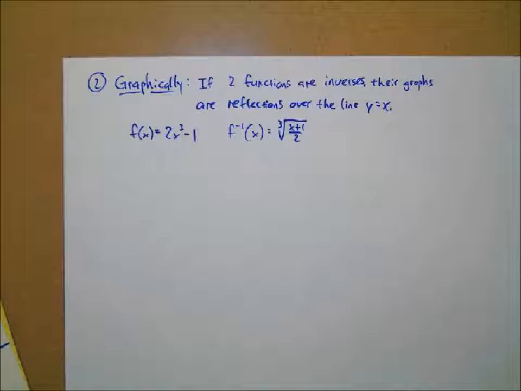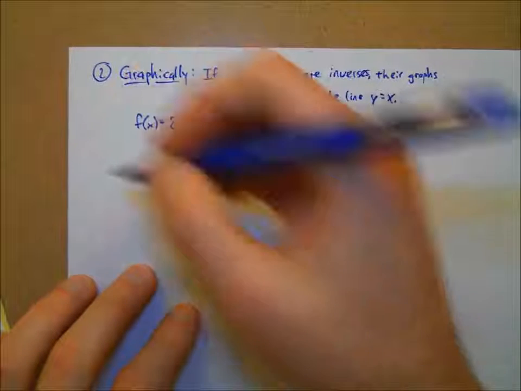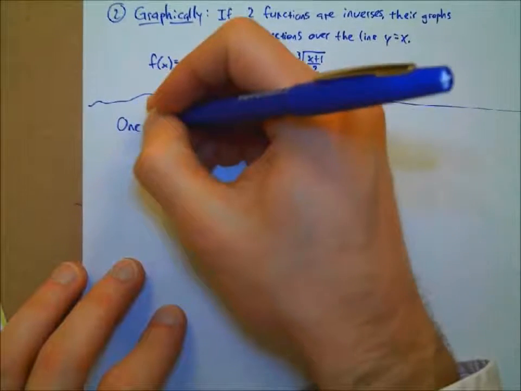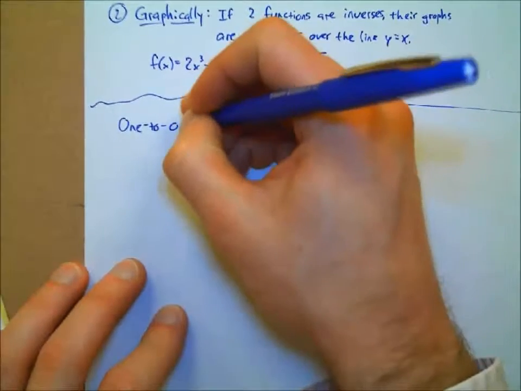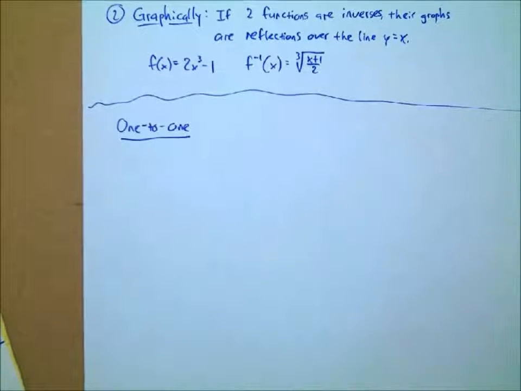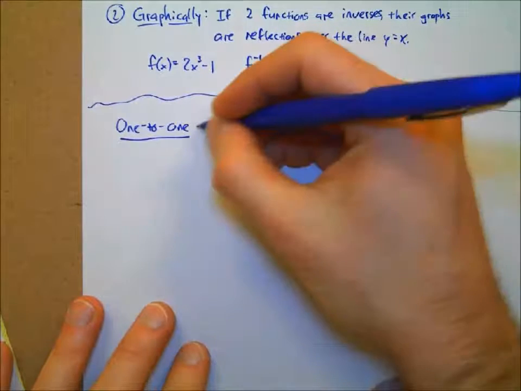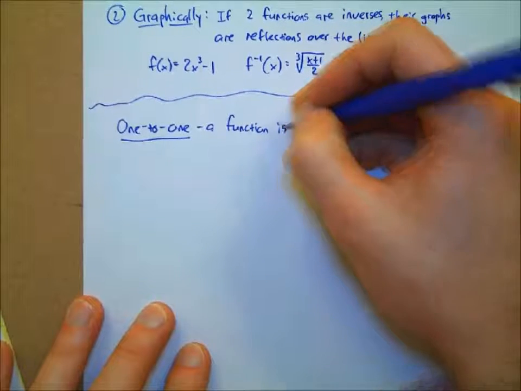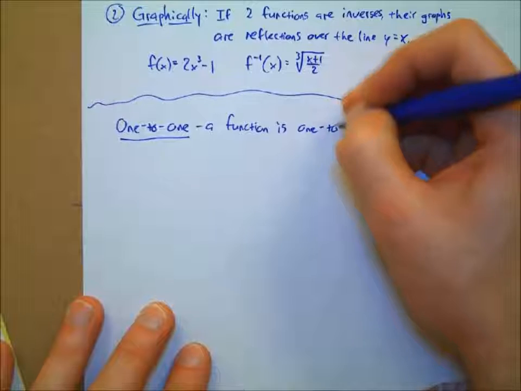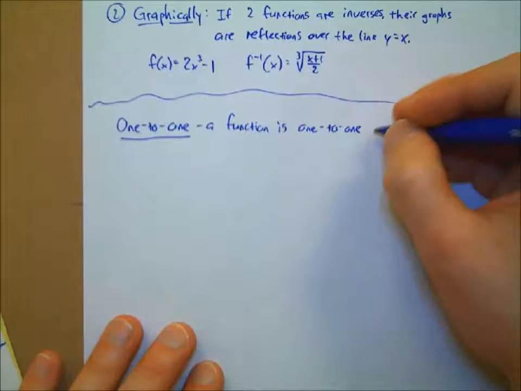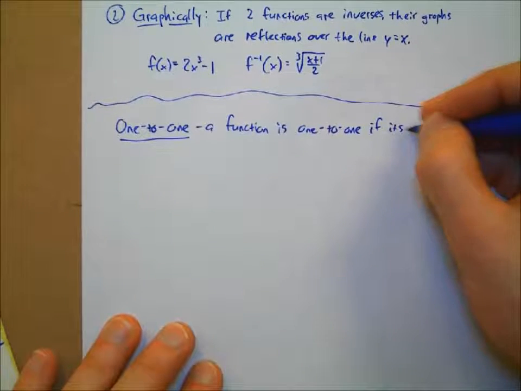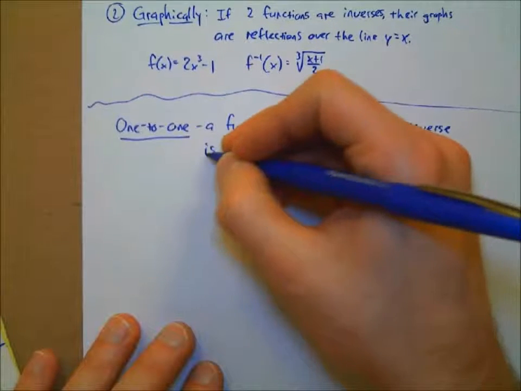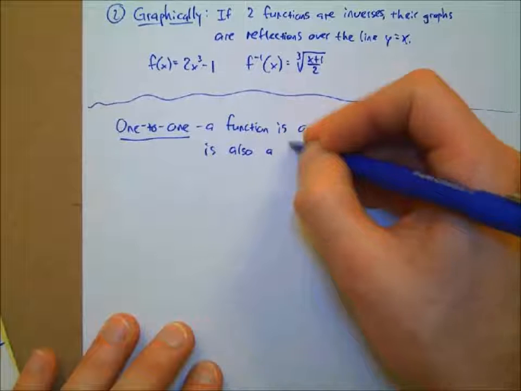This leads us into another descriptive property, which is the idea of 1-to-1. A function is 1-to-1 if its inverse is also a function.